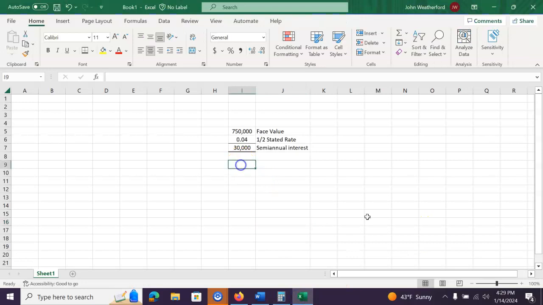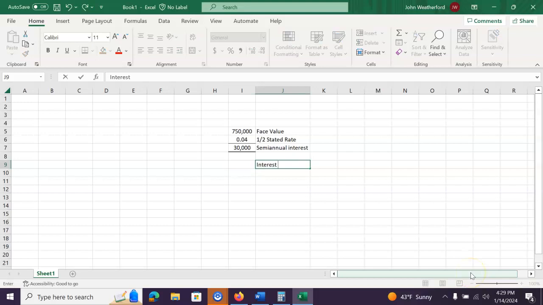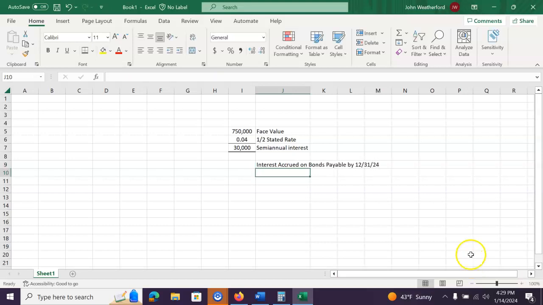So if we want to know interest accrued on bonds payable by 12/31/24, what do we do?